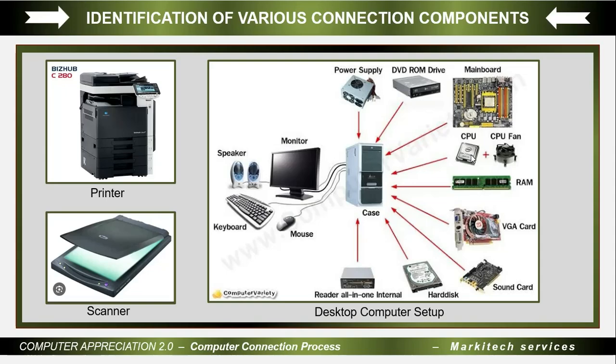And then we have the CPU fan, we have the RAM, which is the random access memory, we have the VGA card, we have the sound card, we have the hard disk, we have the read all in one internal. The hard disk is where all this processing, all these documents, your typing, your designs, all your work are saved.